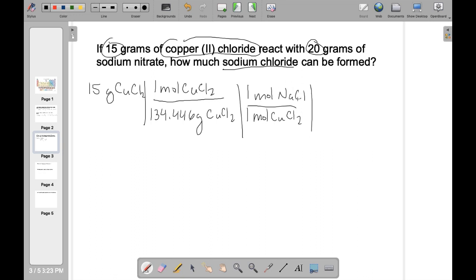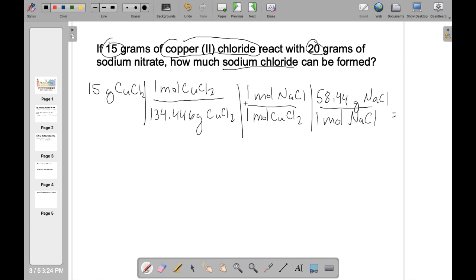Now I will convert this back into grams. I will find the molar mass of 1 mole of sodium chloride, which is 58.44 grams. And I will do that calculation. 15 divided by 134.